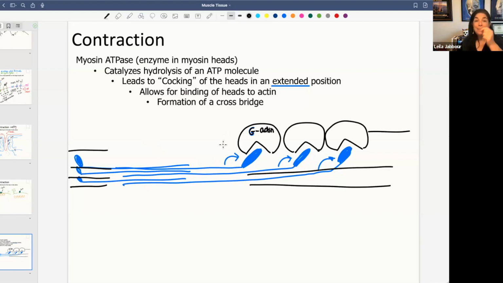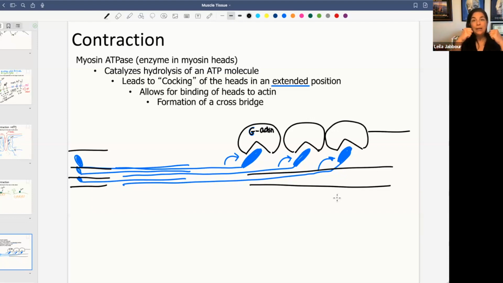Okay, so what happens next, once this cross bridge is formed? The heads of the myosins are going to flex. After the binding into the G-actin, they flex. So think of my two arms like this. The forearms are extended, and once they bind onto the G-actin, there's going to be flexing.